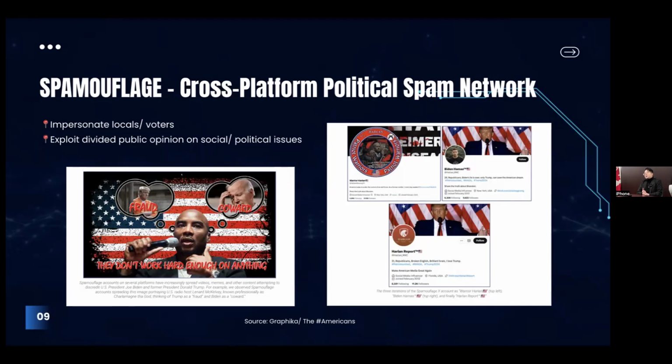During the last US election in 2024, Spamforge impersonated a lot of local Americans, portraying themselves as local voters to spread disinformation about certain candidates. They're not supporting a particular party, whether the Biden administration or Trump, but they're trying to exploit divided public opinion on different social and political issues like gun control, immigration, trade, and so on.